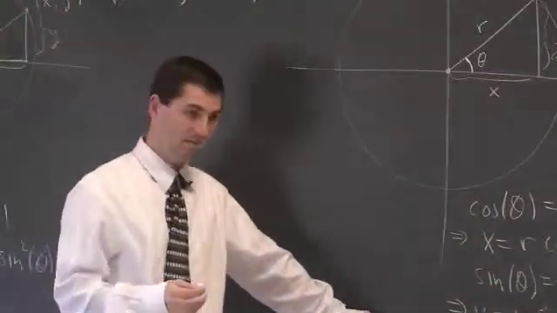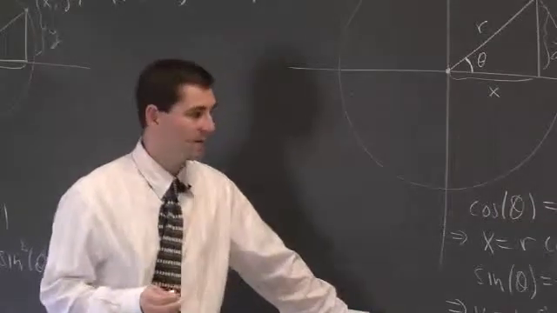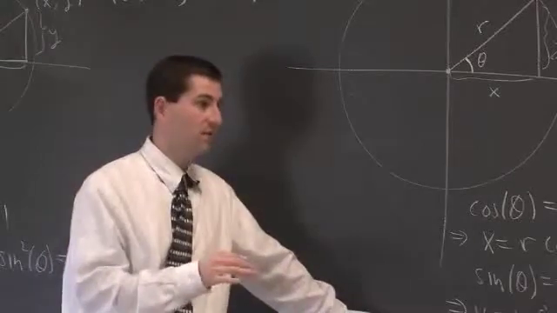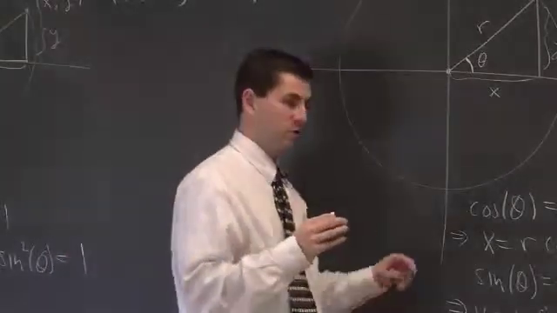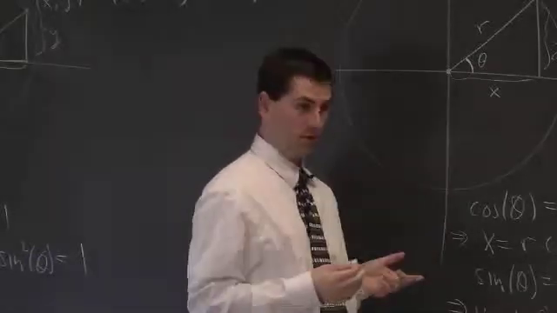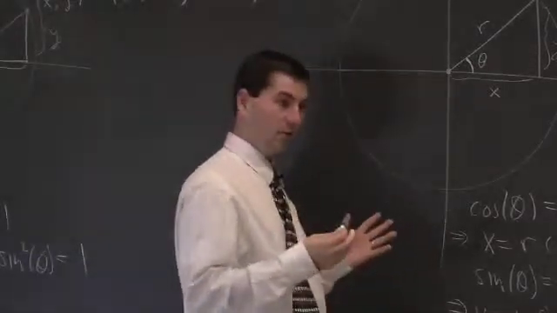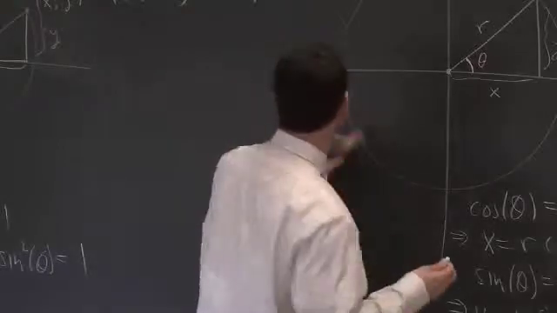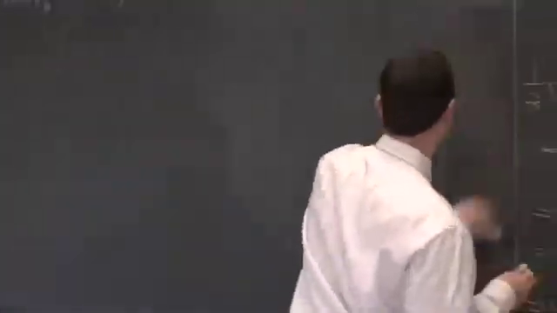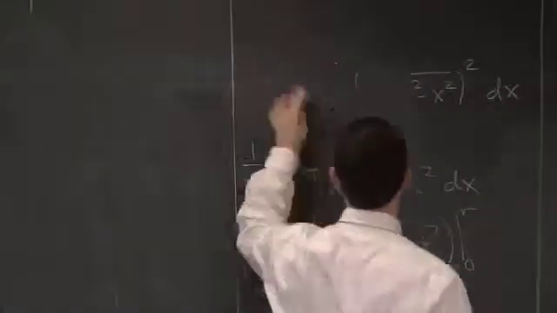In fact, we're lazy. We want to simplify things. It's going to turn out that in many cases, the way to take a problem which looks very complicated is to turn everything into polar coordinates. And once you do that, things look a lot easier. Let me give you a quick example of something that looks a lot easier in polar coordinates than it does in rectangular coordinates.